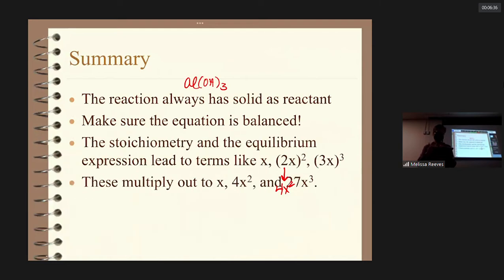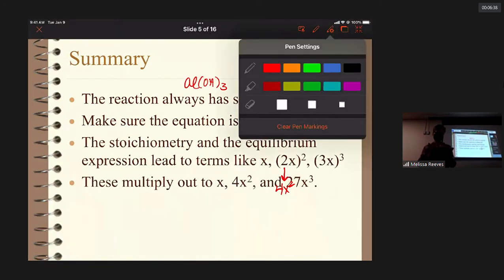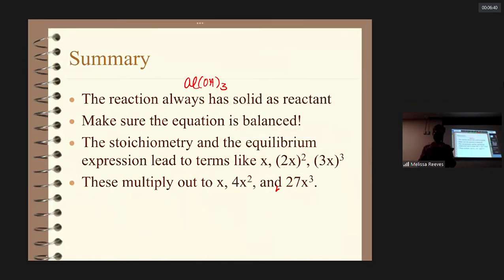So when you multiply those out, you get terms that are x, 4x squared, because the 2 is squared in addition to the x, and 27x cubed.